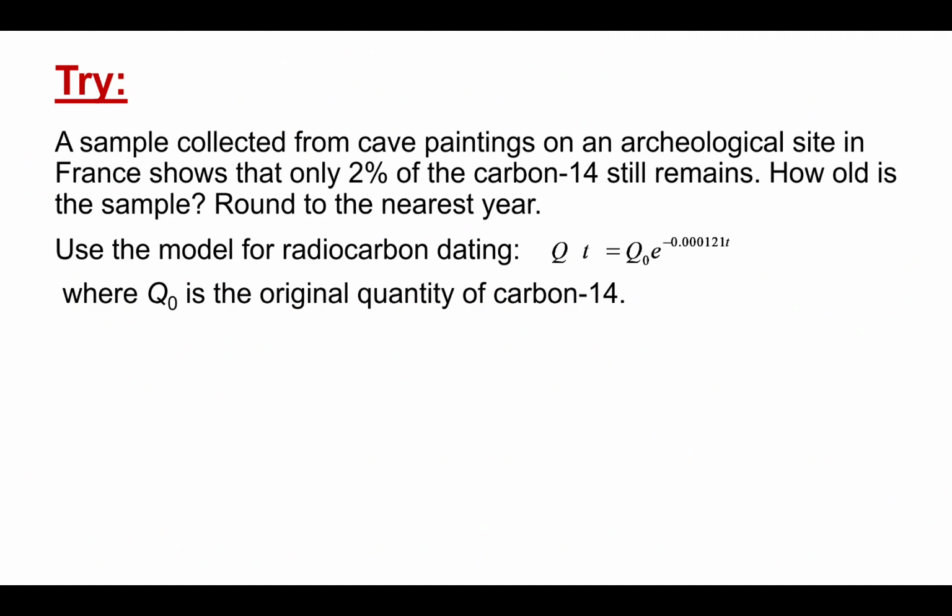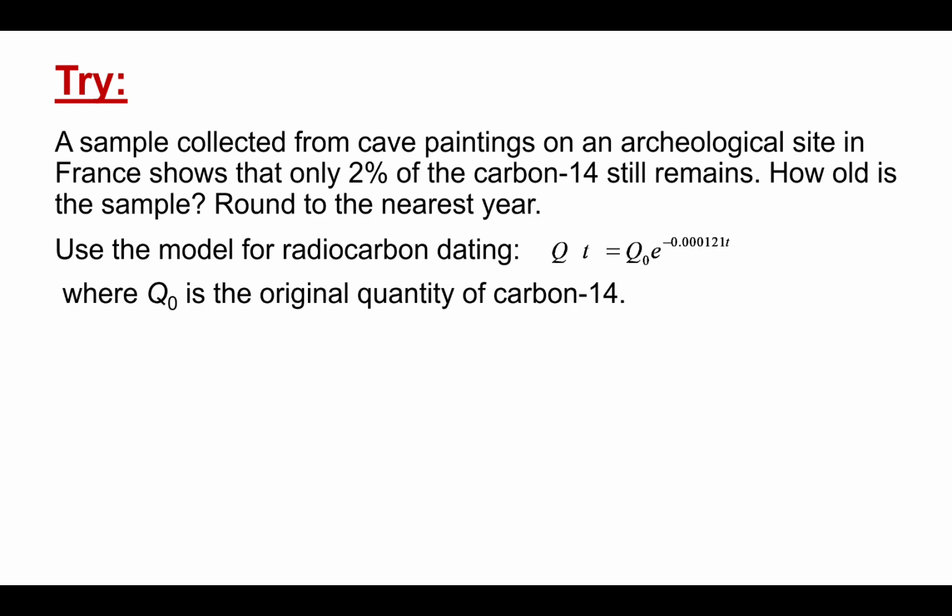This is a try. I think I'll walk you through some of this just because. A sample collected from cave paintings on an archaeological site in France shows that only 2% of the carbon-14 still remains. How old is the sample? Round to the nearest year. So we know the model, they're giving it to us.